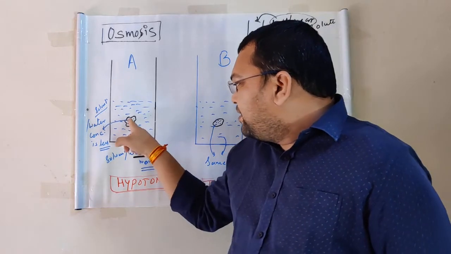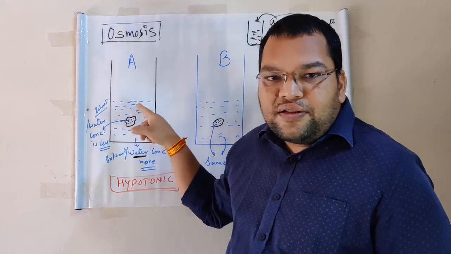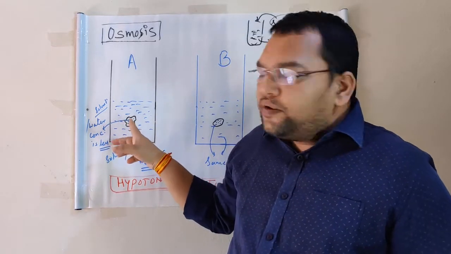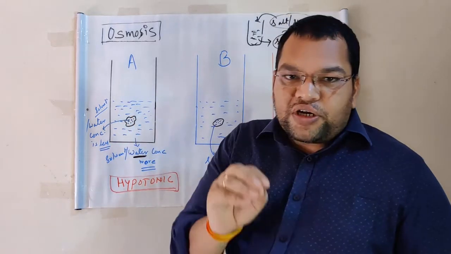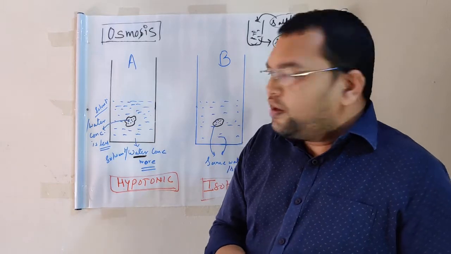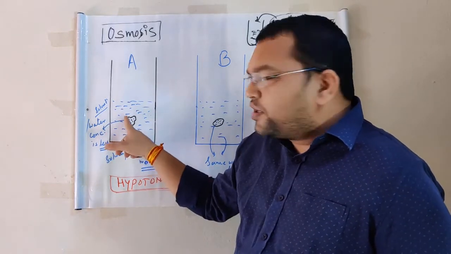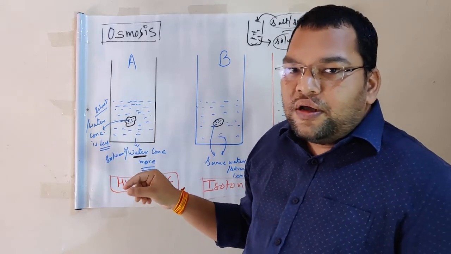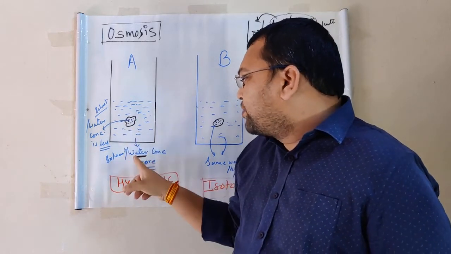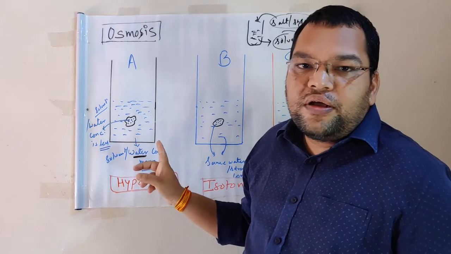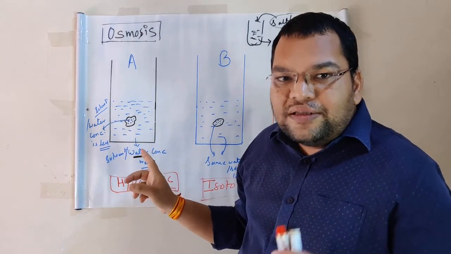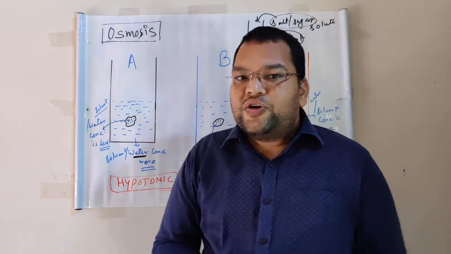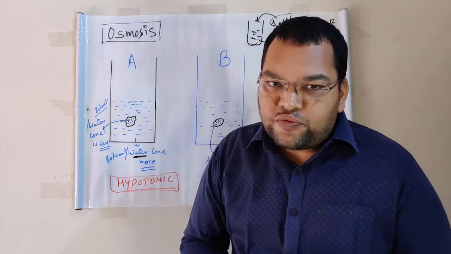So inside the cell, whether it is an animal cell or a plant cell, the concentration of water is less. The concentration of solute is more. Outside, solute is not there, so the concentration of water is more. So in this case, what happens? In the previous section I told you about the process of osmosis.